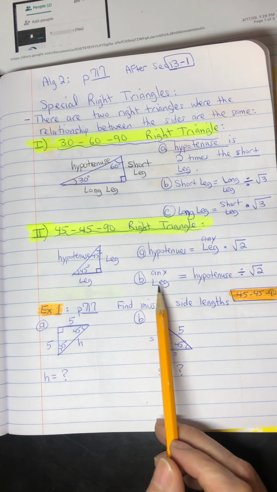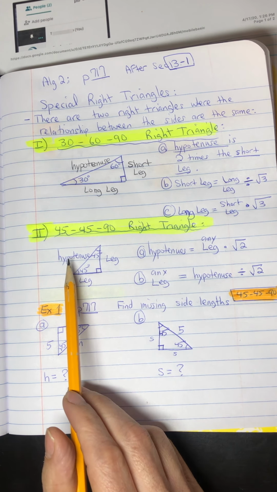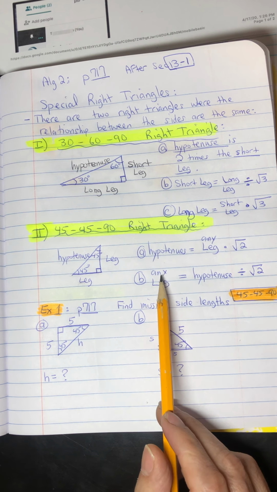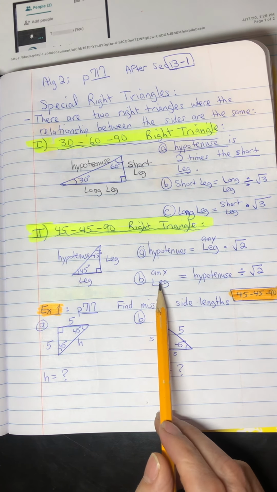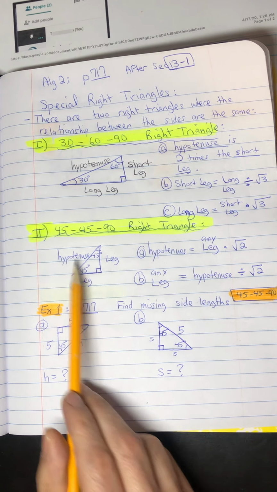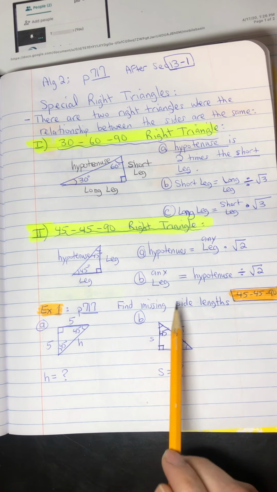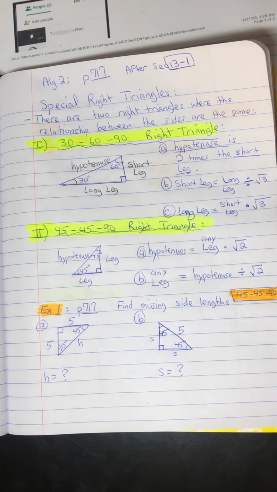And vice versa, if you know the hypotenuse and you want to find the length of any leg, you would take the hypotenuse and divide it by the square root of 2. These are your special right triangles. There's only 2 of them.